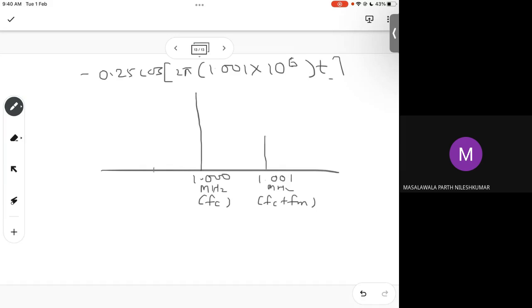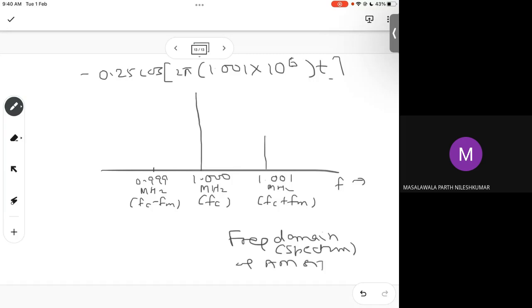And I have another one which is 0.999 megahertz, which is FC minus FM. So this is my frequency domain spectrum of the AM signal, with respect to the frequency.